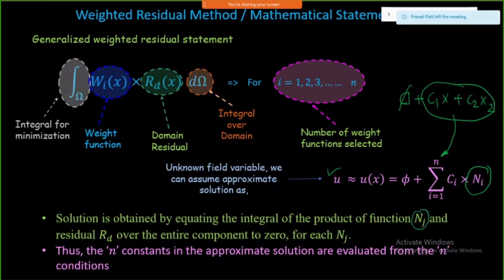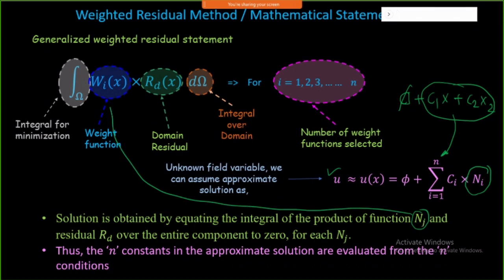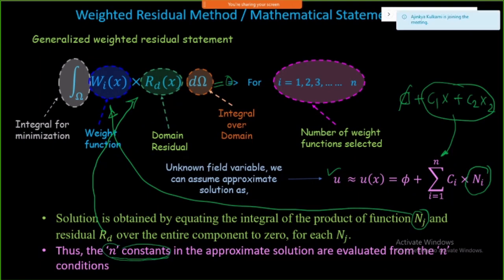This function is nothing but my weight function, and your domain residual is here. You multiply them over the entire component, and this should be equal to 0. Then we will get a solution, and this will solve for n different constants, and these n constants represent n different conditions in the solution, and we get n constant values.